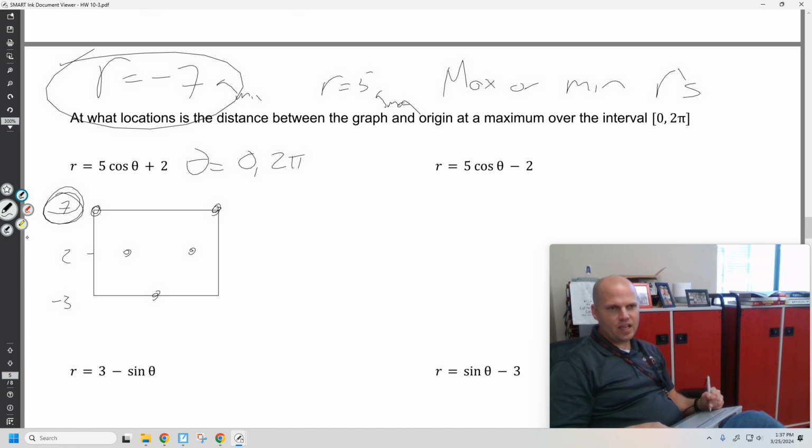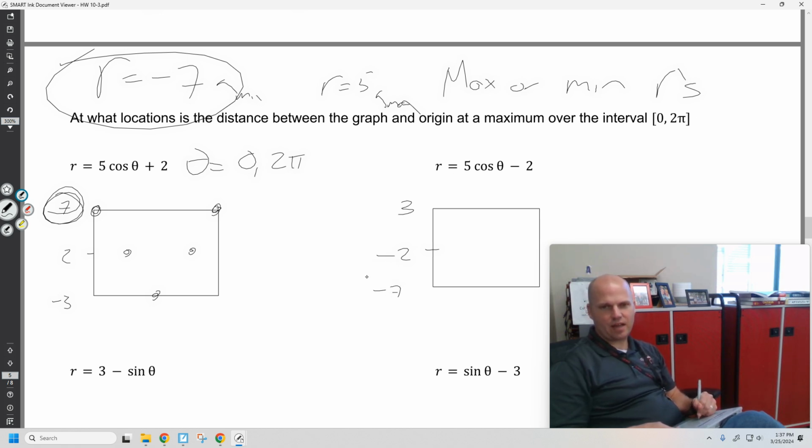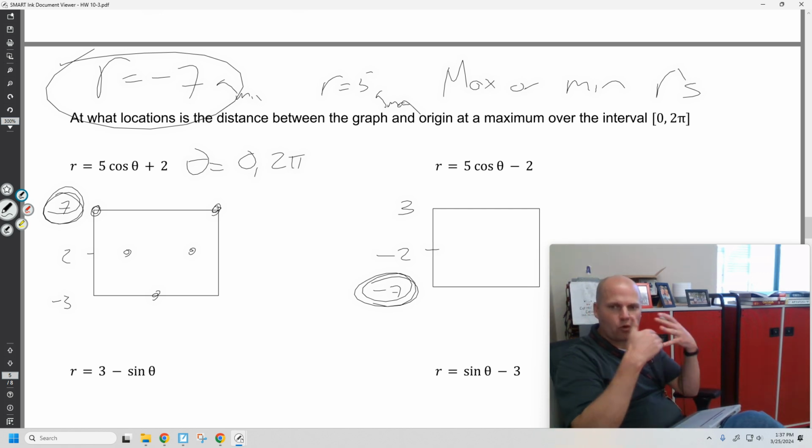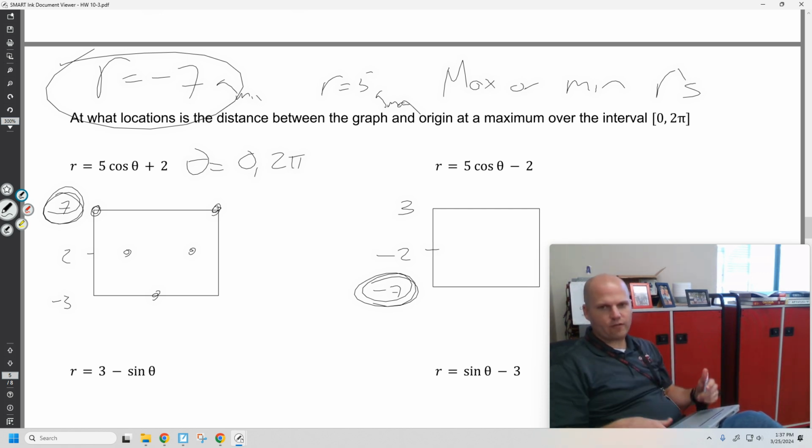But if things get flipped, how am I flipping? Well, now my midline's at -2. If I go an amplitude of 5, I go up to +3, I go down to -7. -7 as the radius would be the location where we're furthest away from the origin. That's all we have to do for this.